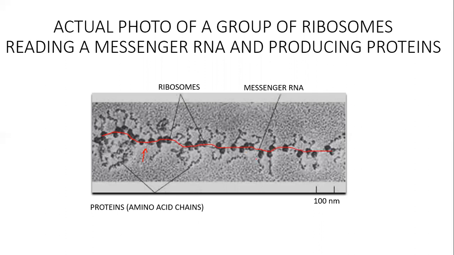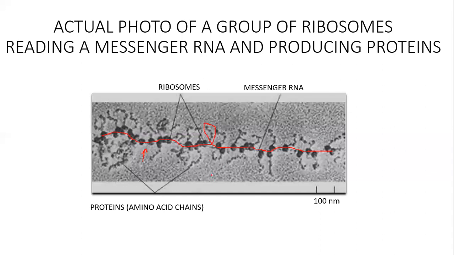The messenger RNA is moving through these almost like a little train going by. And as it goes by, each one of these ribosomes is producing a chain of amino acids. And you see this is the protein starting to be made. Each ribosome is making the protein, so there are many copies of the protein being made from this messenger RNA because there are many ribosomes doing it.